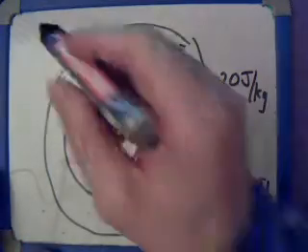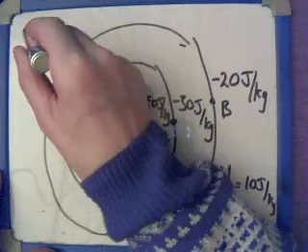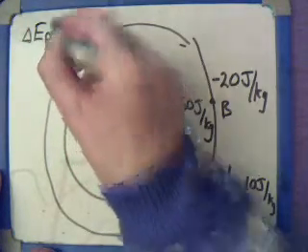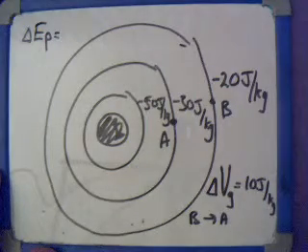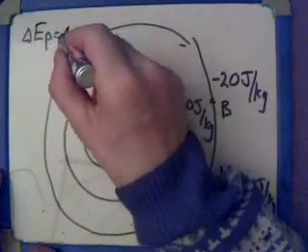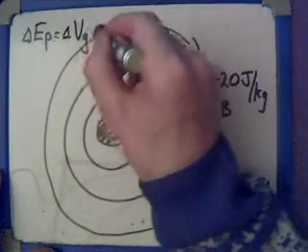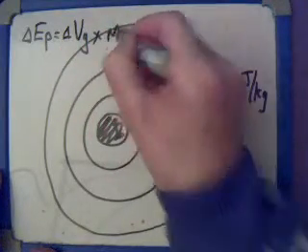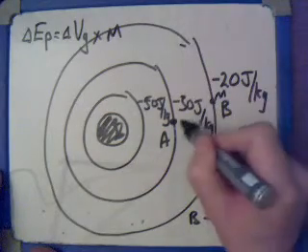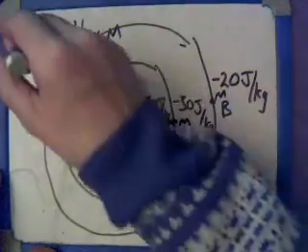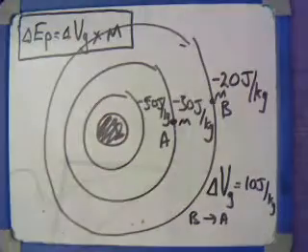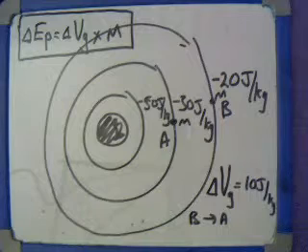Now the loss in potential energy, or change in potential energy, is simply equal to the change in potential Vg times the mass of the object, call this mass m. Now, don't get too hung up on all the negatives.